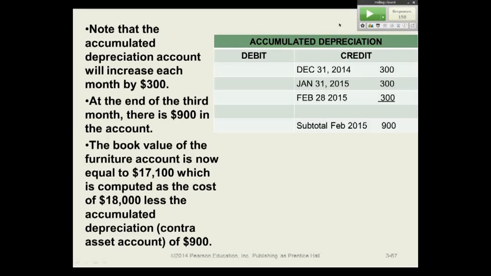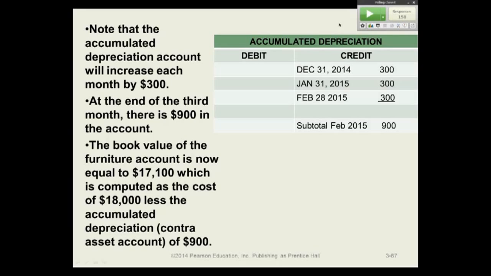It accumulates period after period, so that in December, January, and February, you're going to have 900 at the end of February in accumulated depreciation. So at this point, the net book value on the balance sheet is 17.1.